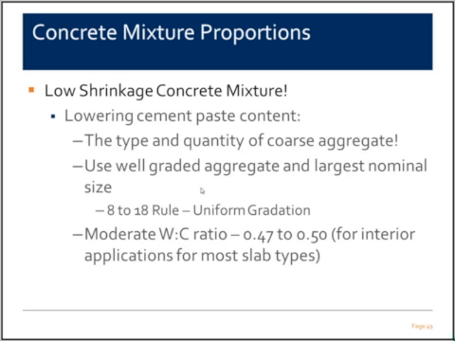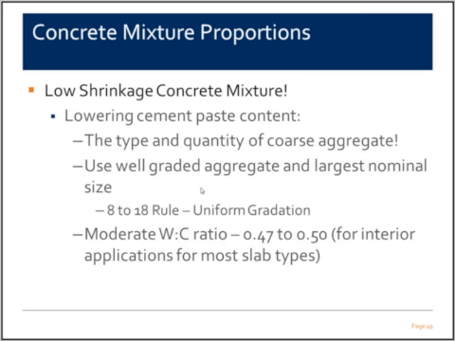And the most important factor in lowering that shrinkage potential is the type and quantity of coarse aggregate. There are some coarse aggregates that are particularly prone to volume change and shrinkage, and they should be avoided when possible on slab-on-grade, slab-on-ground construction.